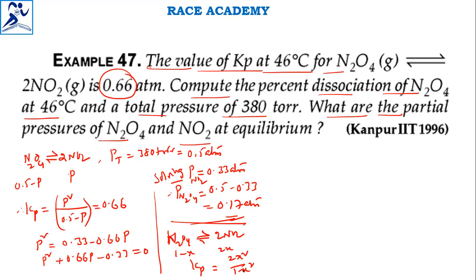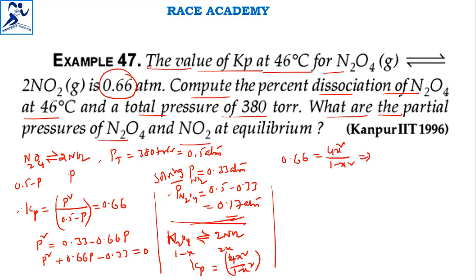And that Kp already given to us, if equated to this, it will become not 2x square, it's 4x square by 1 minus x square.